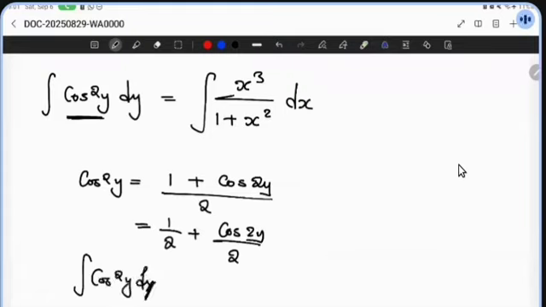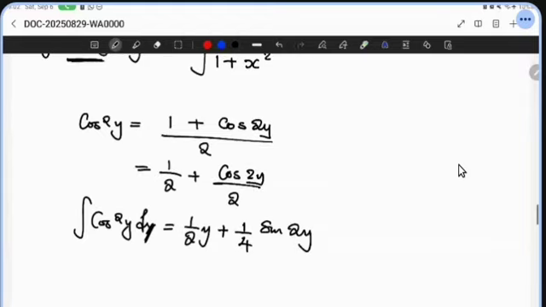what did you get? The first part, the integral of 1 over 2 is y over 2. Integral of cos 2y: first differentiate the argument, which gives you a 2 outside, 2 over 2. Of course, you have to divide, so it will be over 4. And then the integral of cos will be sine. So we get this.